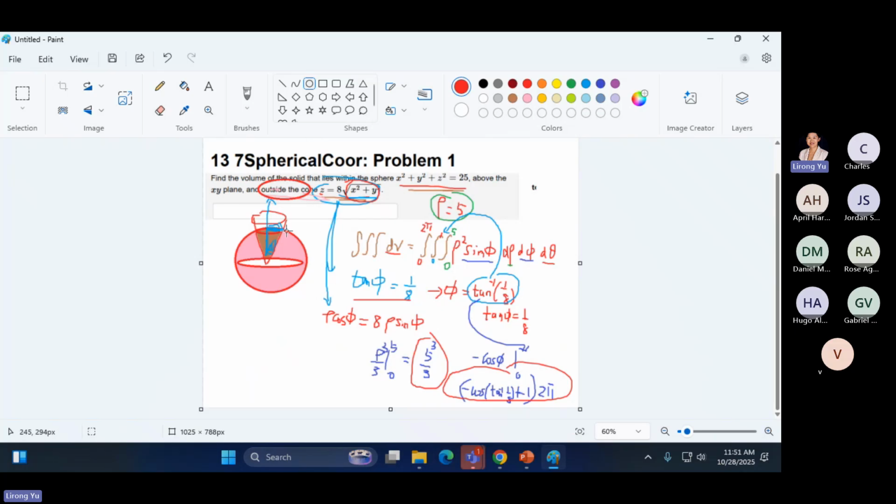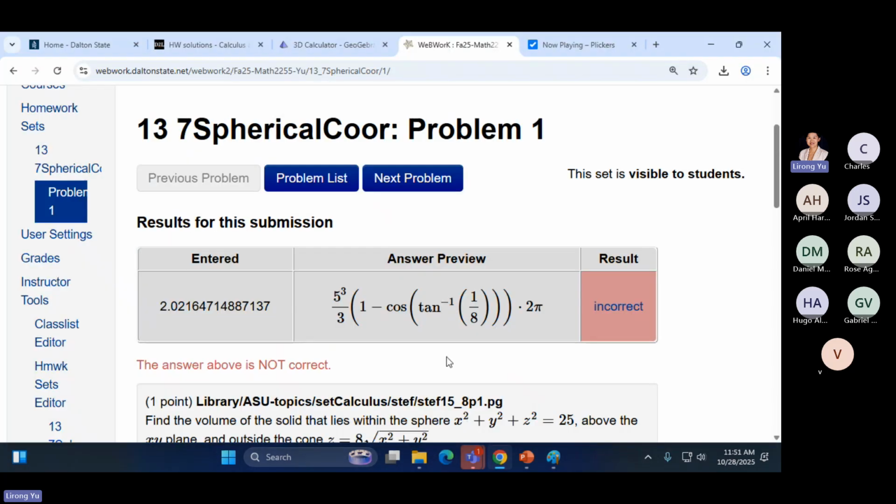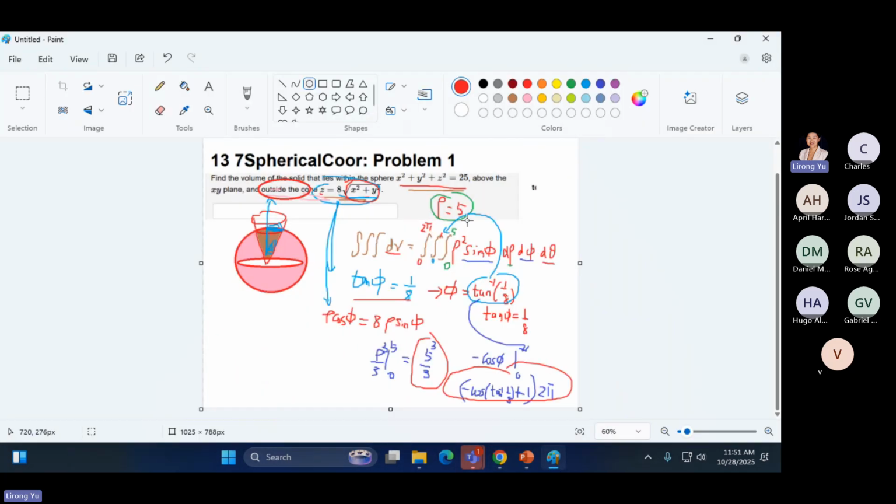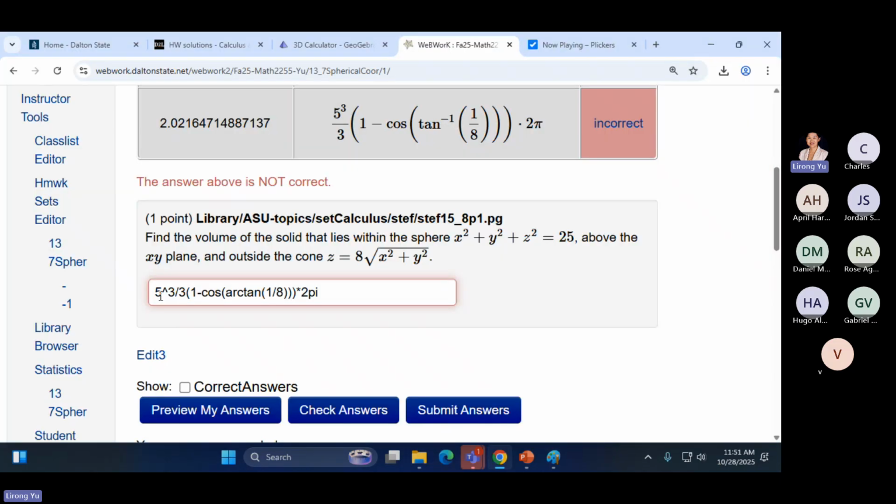Since I calculated the volume inside the cone, all we have to do is take the volume of the whole sphere. It's inside the sphere and outside the cone, so we do a subtraction. The whole sphere is 4 over 3 pi r cubed, where r is 5, so 5 cubed. So this is the volume for the whole sphere.